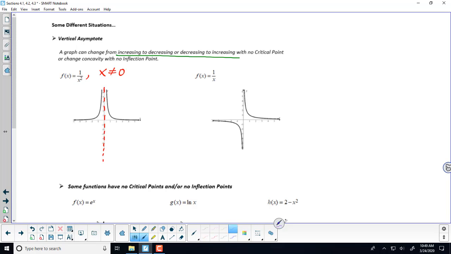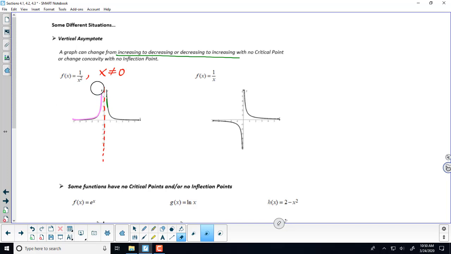So if I look to the left of 0, I can see that the graph is concave up, and to the right of that vertical asymptote, oh, sorry.